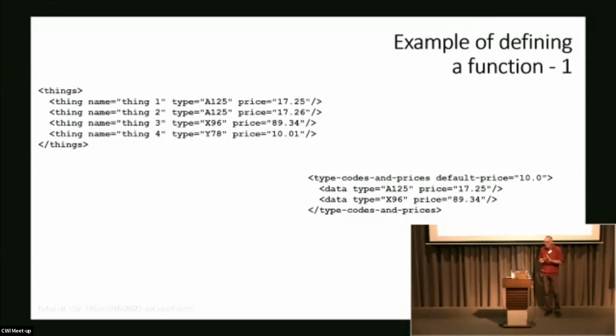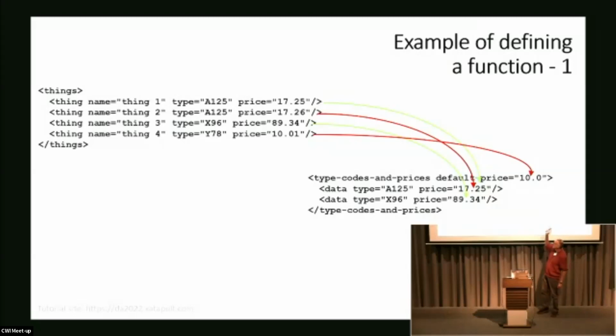And if the type is not mentioned, it should be the default price. So the first thing is okay. The second thing is off by one, probably some VAT rounding error or something. It happens. The third thing is okay again. And the fourth thing, of which the type is not mentioned, should be the default price, but isn't. It's also off by 1 cent.